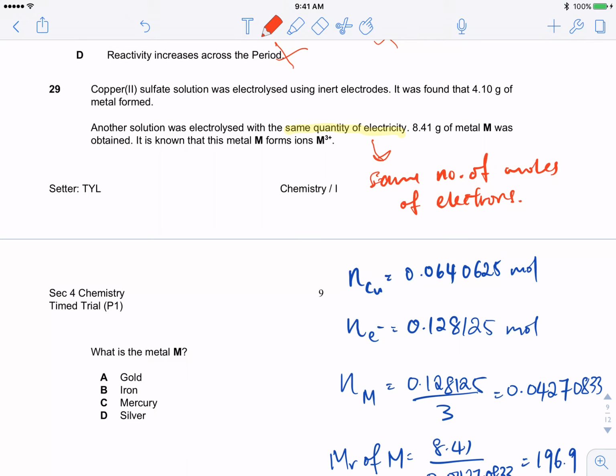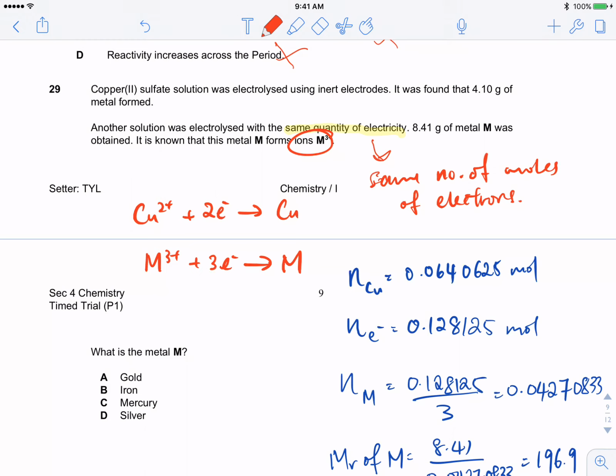It is known that this metal forms ions M3+. So you know that M3+ must have gained 3 electrons to form your metal M, whereas for your copper, it was Cu2+ plus 2 electrons to give us Cu metal.